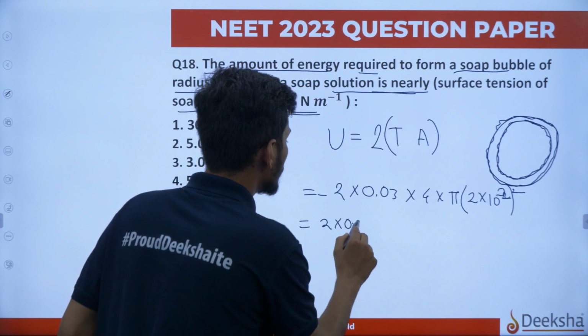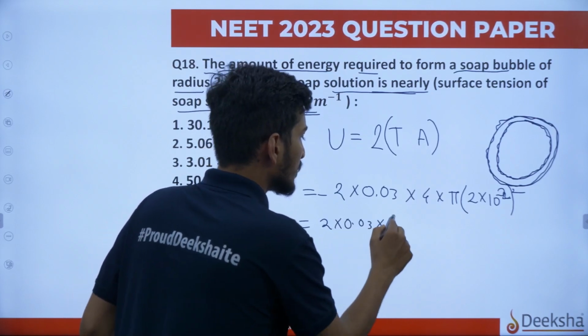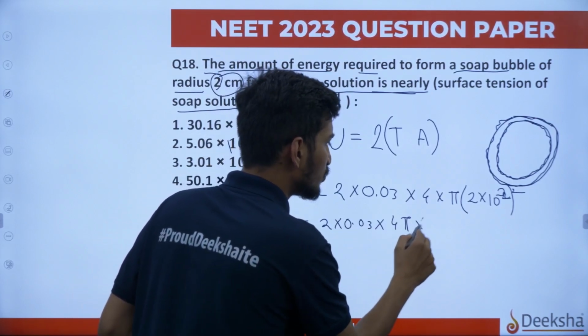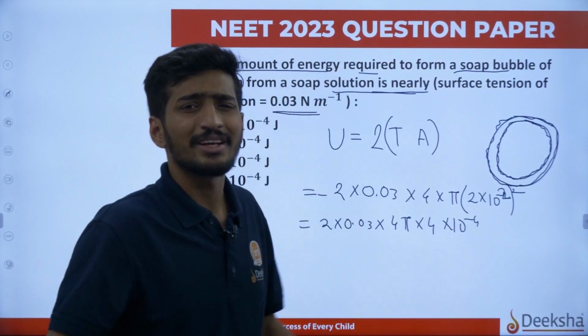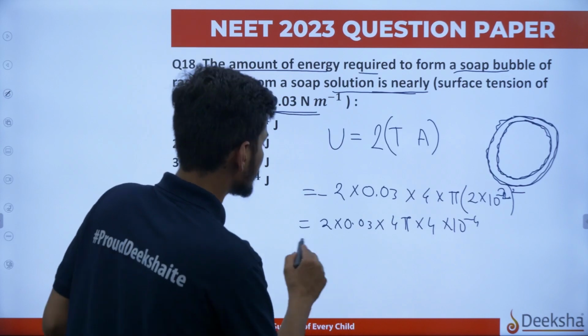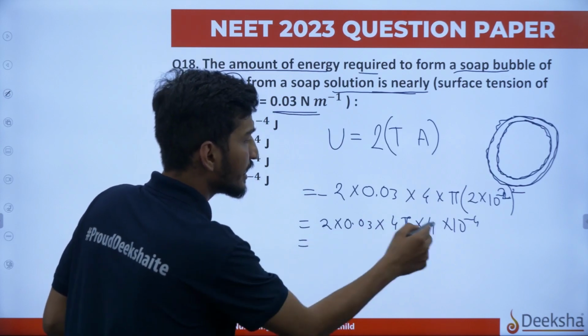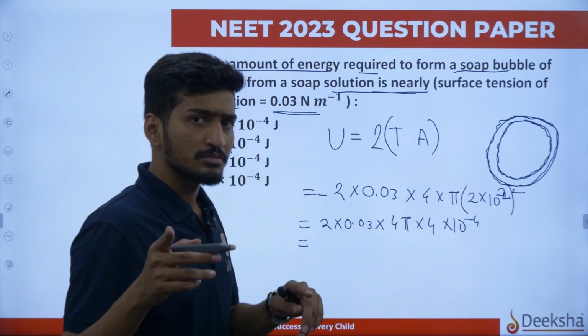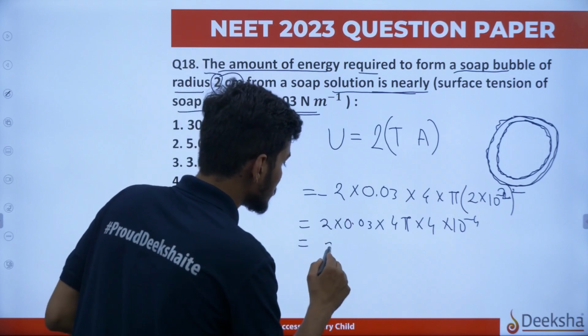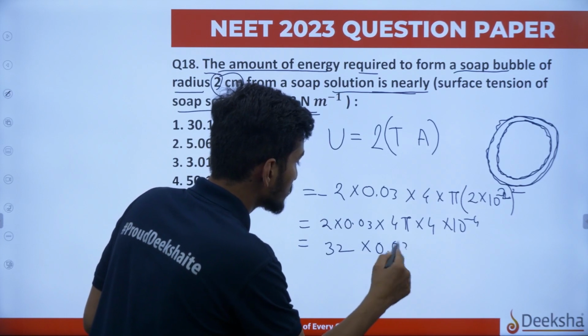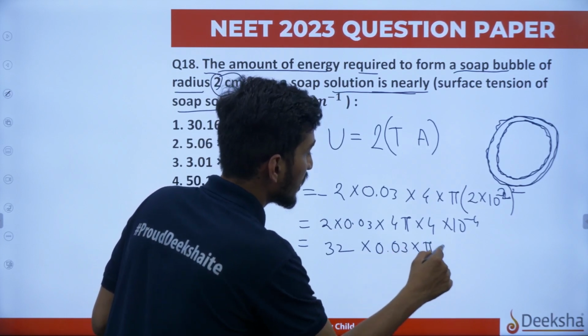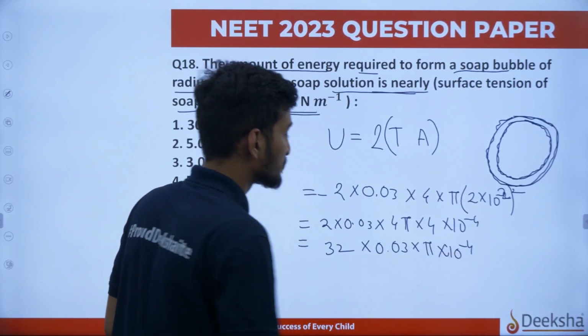2 into 0.03 into 4 pi into 4 into 10 to the power minus 4. It just looks complicated. It's not. Alright, 2 into 4, 8. 8 into 4? 32. 32 into 0.03 into pi into 10 to the power minus 4.